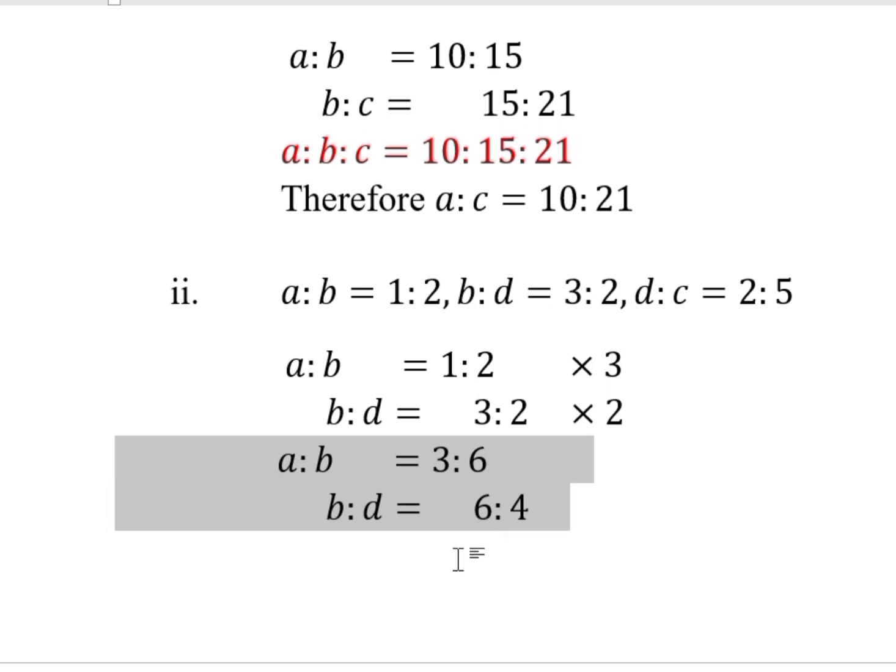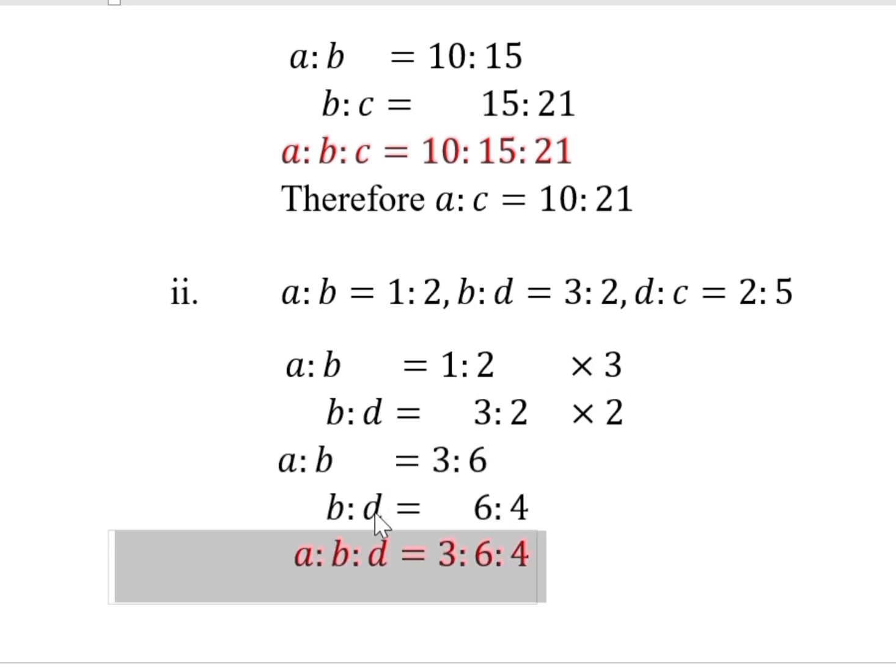So with that, you can now get ratio A to ratio B to ratio D being equal to these 3 to ratio 6 to ratio 4. So that is, A to ratio B to ratio D is equal to these 3 for ratio A, this 6 for ratio B, and this 4 for ratio D.